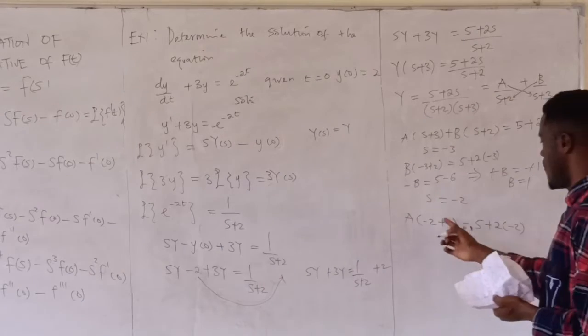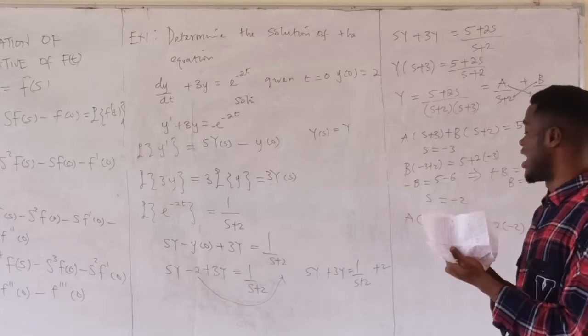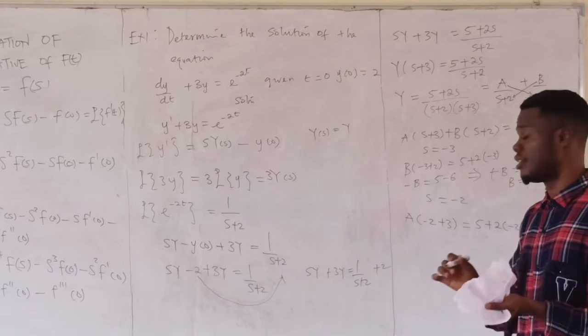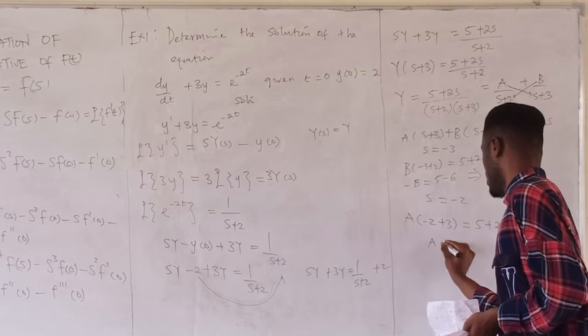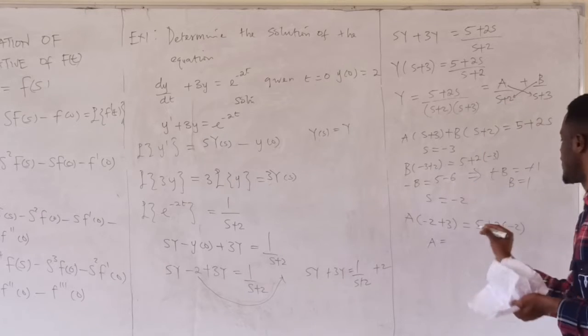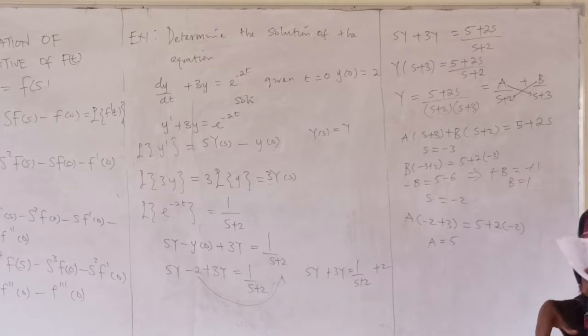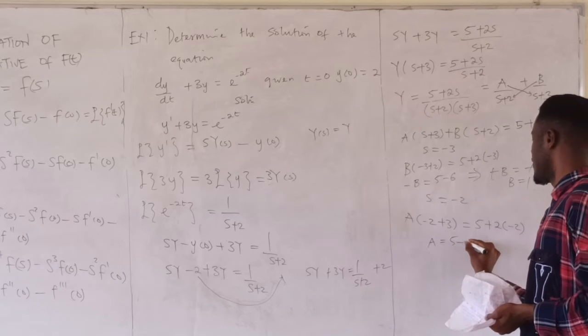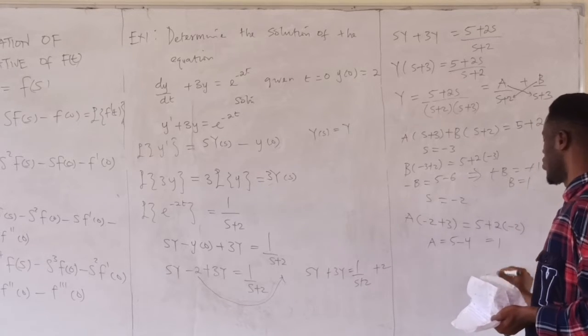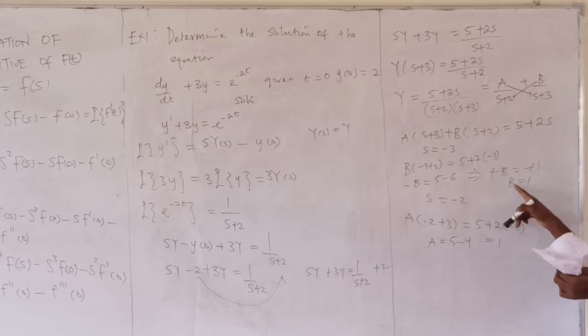Minus 2 plus 3 gives me 1, and a times 1 gives me a. So I just have a here, which is now equal to 5. Now, 2 into minus 2 gives me minus 4, so I have 5 minus 4, which of course is equal to 1. Therefore, a is equal to 1 and b is equal to 1.